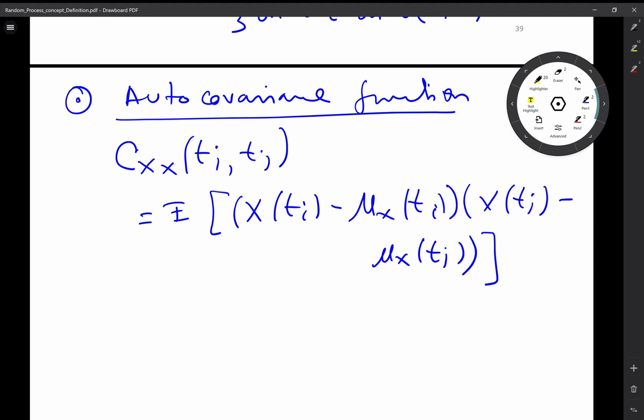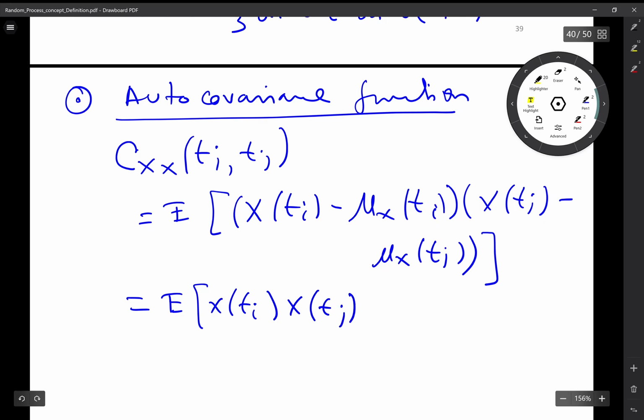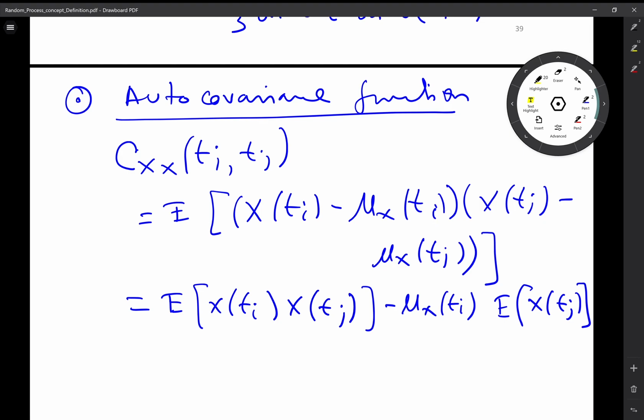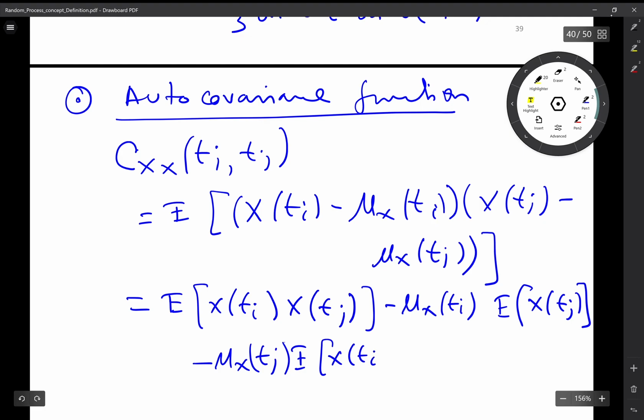It can be easily proved that, if we expand, that will be equal to E of x(ti) x(tj) minus mu x(ti) times E of x(tj), minus mu x(tj) times E of x(ti), plus mu x(ti) times mu x(tj).